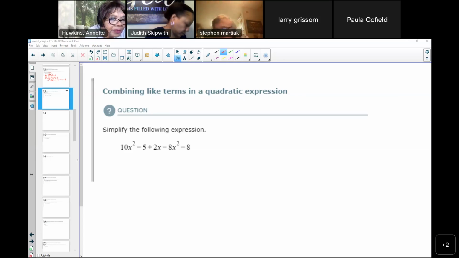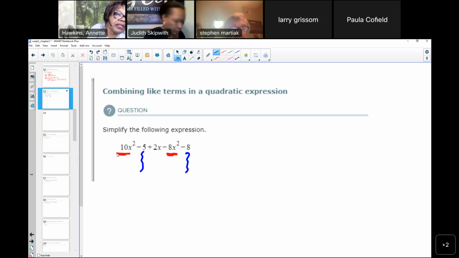Okay, so this and this would be like terms. And this is a number and that's a number, so they would be like terms, okay? So what I'm going to do is put the like terms together. Now, if I put this with the 10, that minus has to come with it.